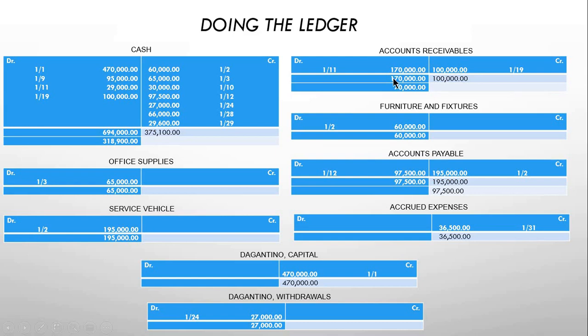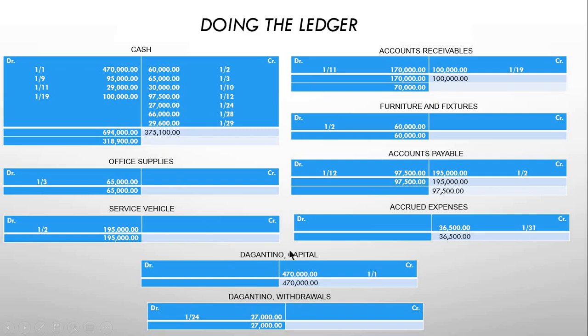So, we have 170,000 debit, 100,000 credit. Debit is bigger, so accounts receivable has a debit balance at the end of the period of 70,000. The same goes with office supplies, service vehicle, furniture and fixture, accounts payable, accrued expenses, Dagantino capital and Dagantino withdrawal.